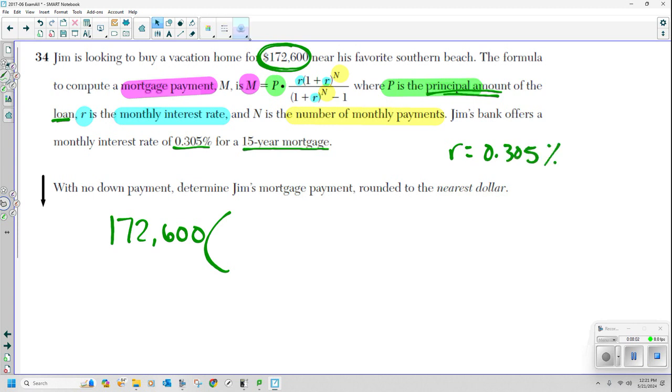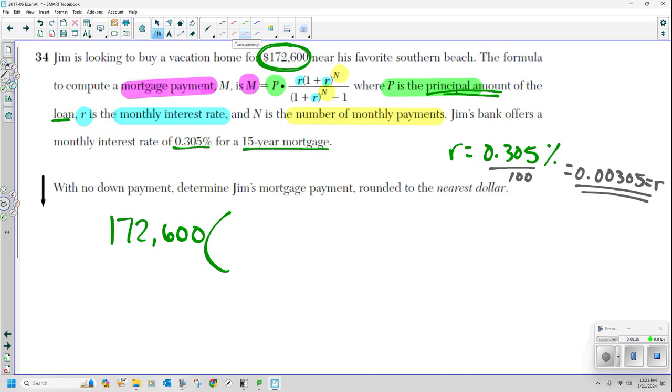But we want to put my value of a rate into my formula without the percent, so I divide that by 100, and that'll give me 0.00305. Now the percent's gone. That's actually going to be my rate.